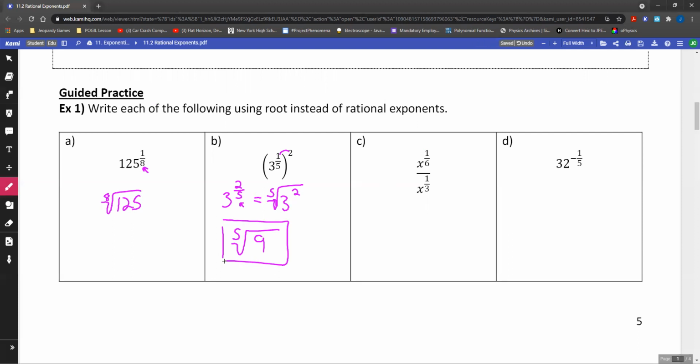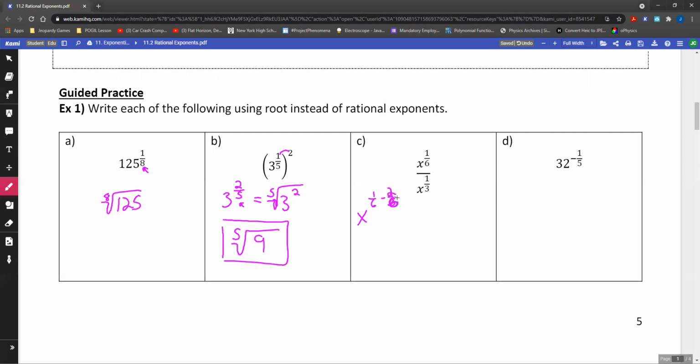Over here, this is going to be a little bit trickier. So what we're going to end up doing, because of the quotient rule, we're going to subtract these exponents. Now remember, we have to have similar bases in order to subtract fractions. So this 1 over 3 actually becomes 2 over 6.